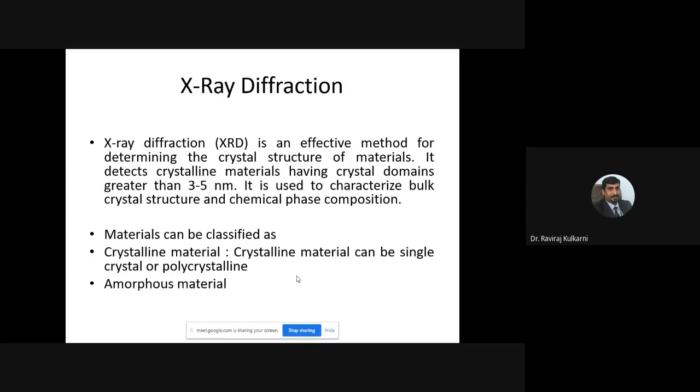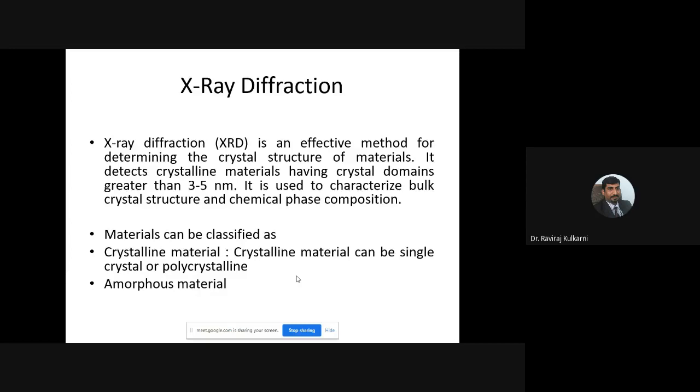Electromagnetic spectrum: gamma rays, X-rays, UV, vacuum ultraviolet, far ultraviolet, mid ultraviolet, near ultraviolet. We call it UVC, UVB, UVA. Near ultraviolet means near the visible range. The wavelength of the visible range is 400 to 700 or 750 nanometers, we say.